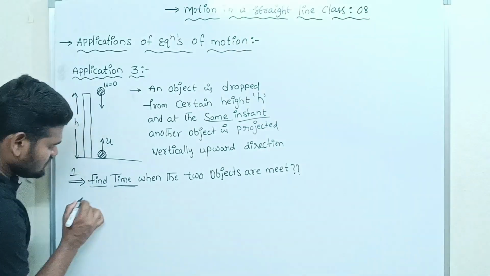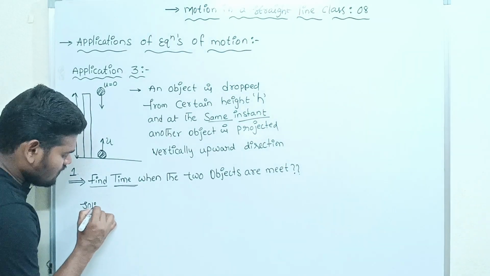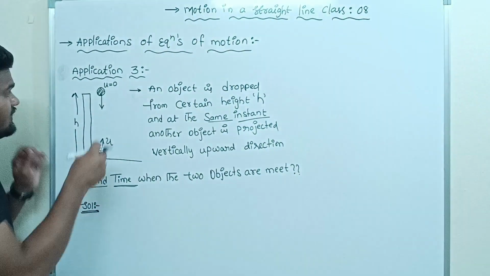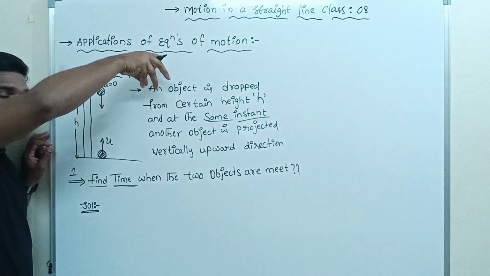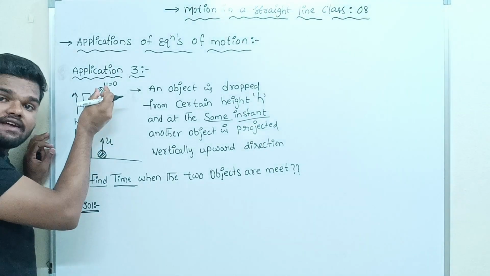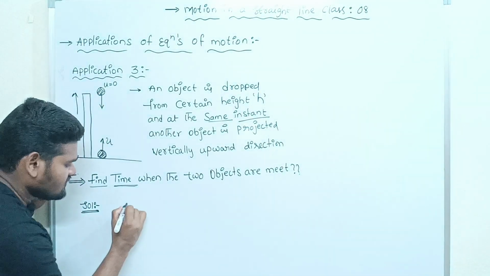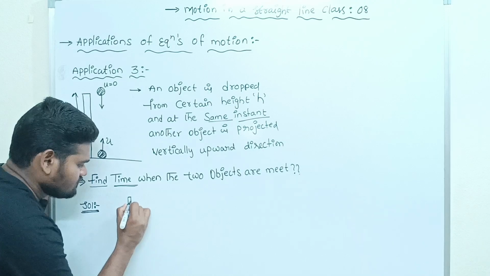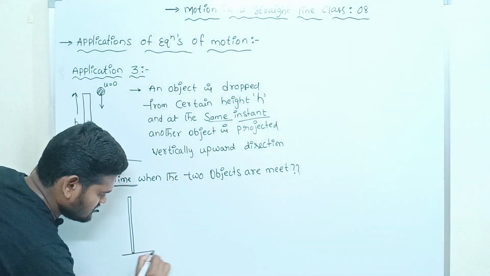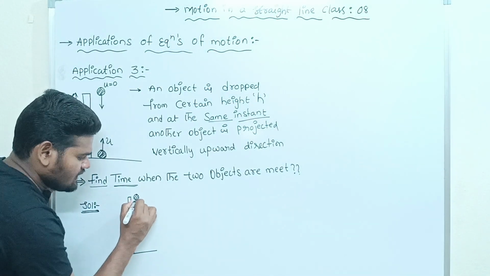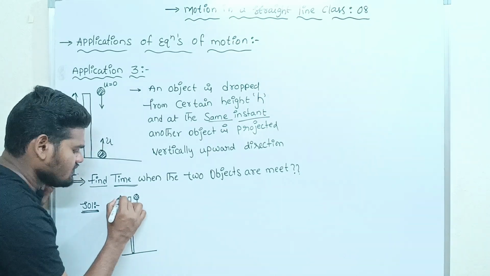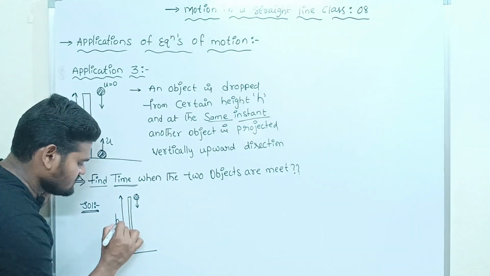Solution. An object is dropped from a certain height h. Have a look, this is the ground and here an object is dropped. This is height h.